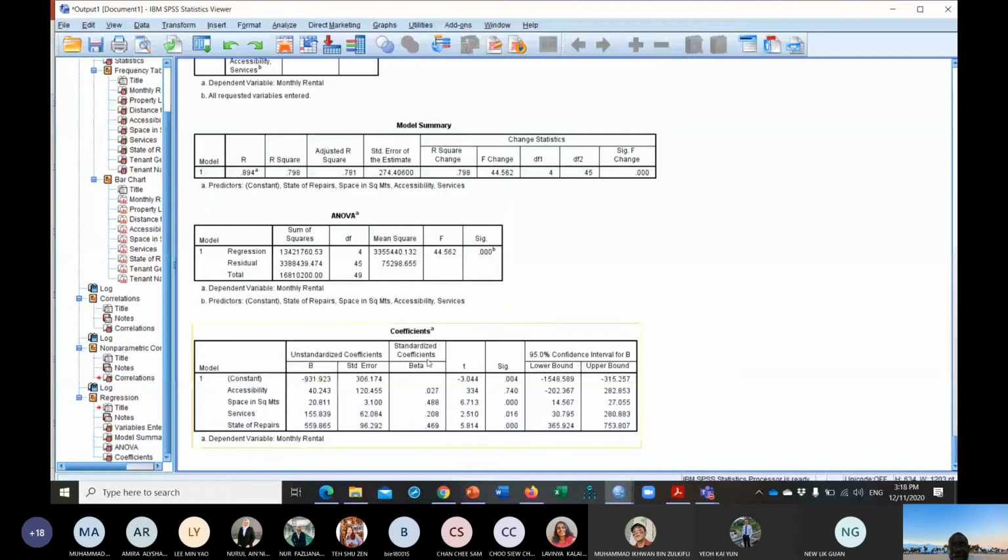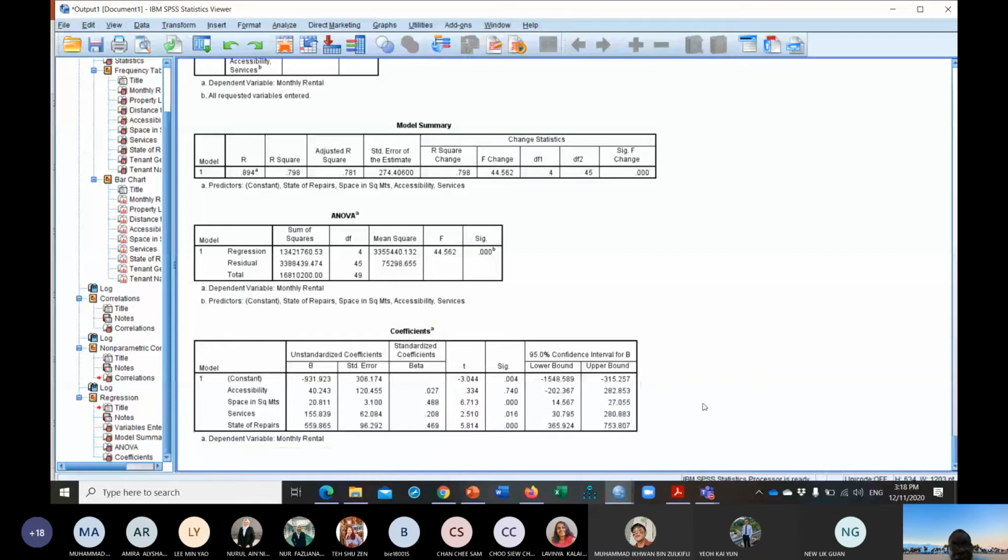That is why you can see this standardized coefficient of beta has no error. Under unstandardized coefficient, you have error of each contribution, but when standardized, you don't have error and there's no intercept. So the equation comes from the standardized coefficient.